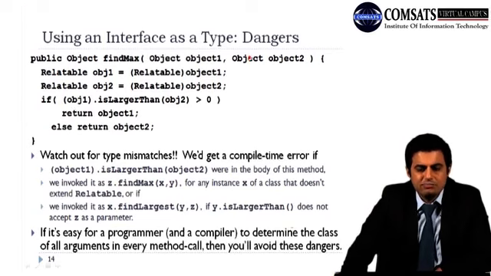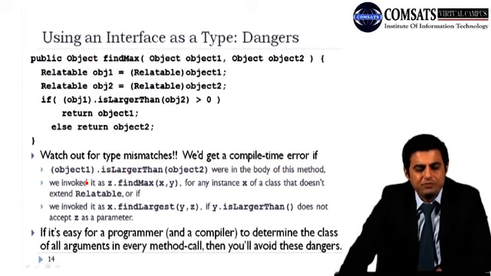Now that is the code which we wrote in the previous example. You can get a compile time error if you call object1.isLargerThan(object2) in the body of this method.